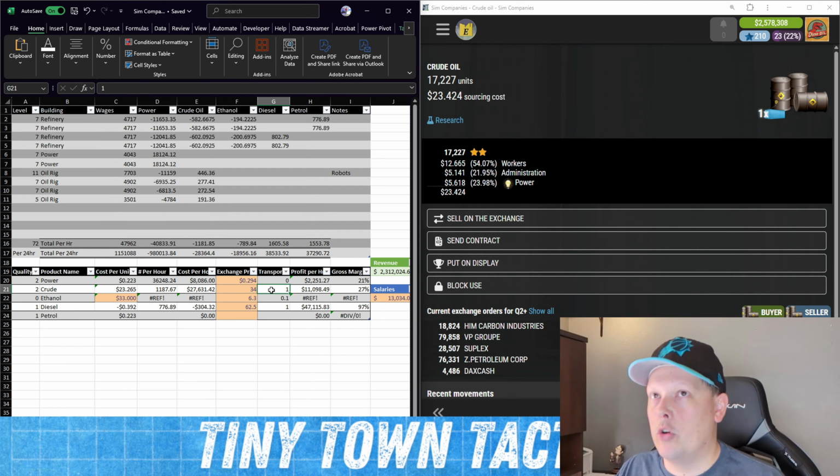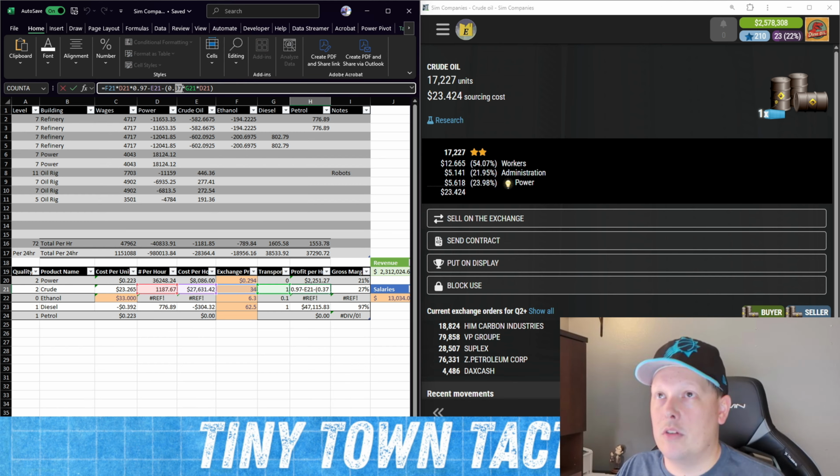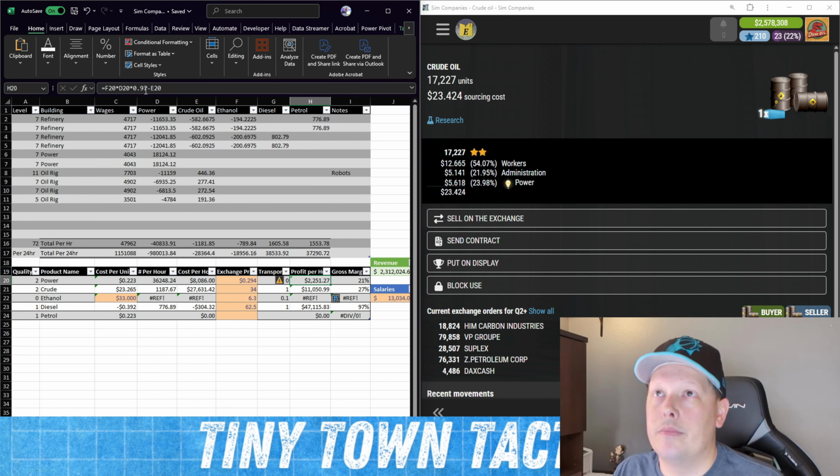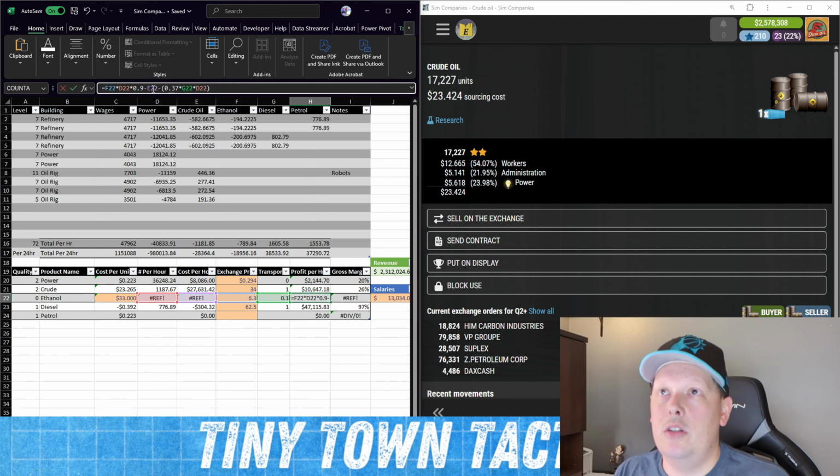So if it costs one transport unit, this factors in. I should change this because the transport is much higher, and the exchange rate is higher. That's not good. So I should be changing some of these.